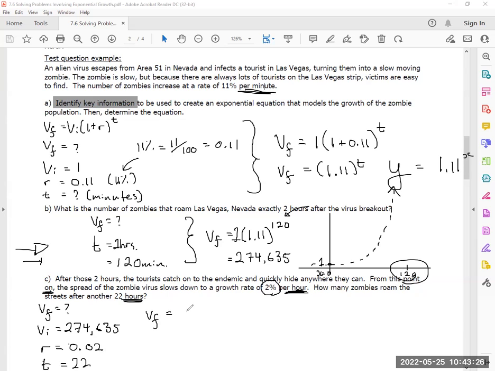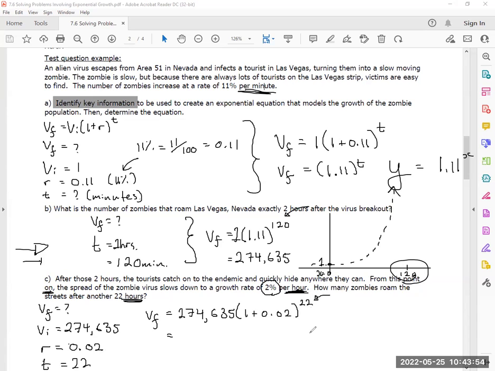VF is equal to 274,635 times 1.02 to the power of 22. So significantly smaller growth rate, okay? It happens, but it happens for another 22 hours. Let's say before the United States comes in and starts killing them off with their armies, whatever.